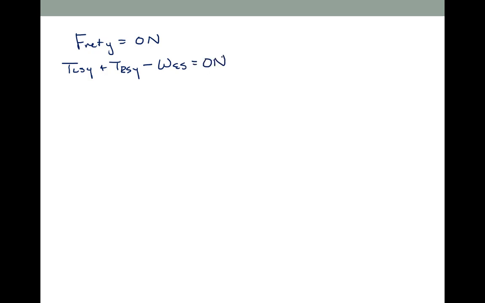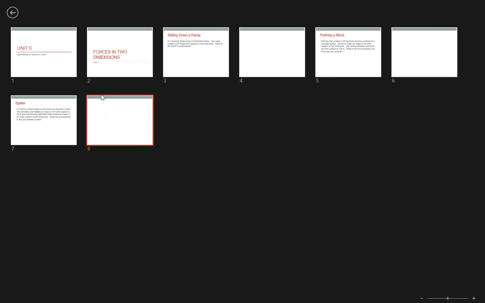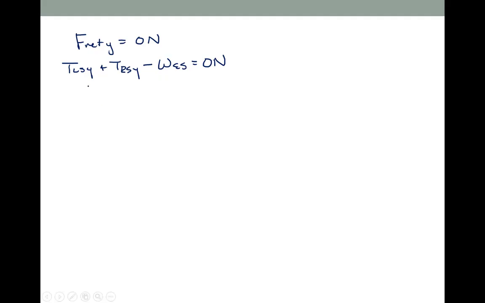Again, this equals 0. The y component was TL sine 30 for the left-hand web, and for the right-hand web, it's sine of 45.